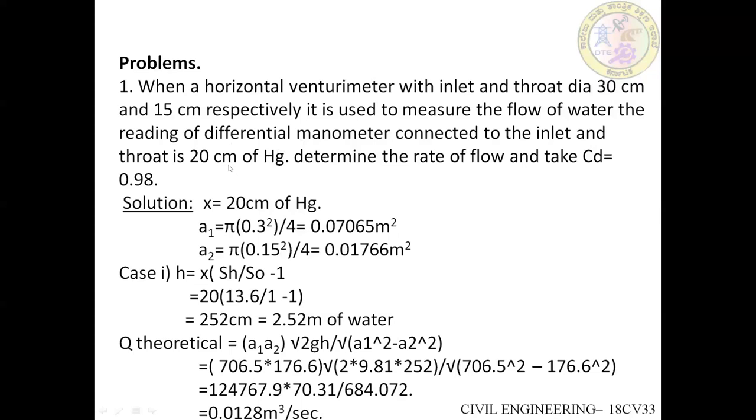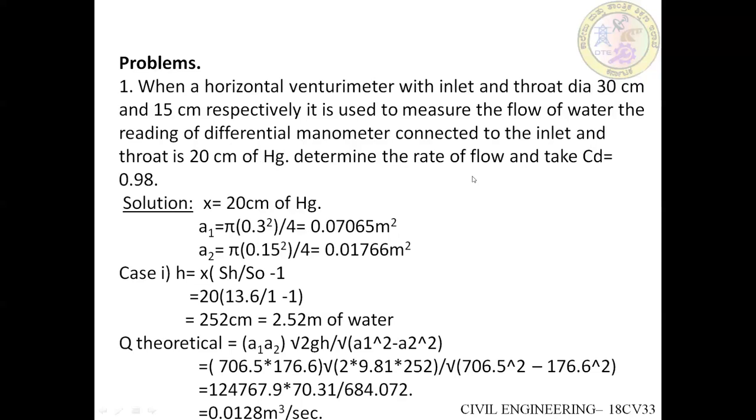So this 20 centimeter is the reading which we can read in the U-tube differential manometer, which is nothing but the X value. You should be careful here. By seeing the liquid, you can identify whether it is a reading of H or X. Since mercury is the liquid in the U-tube manometer, the value which is given is the X value.